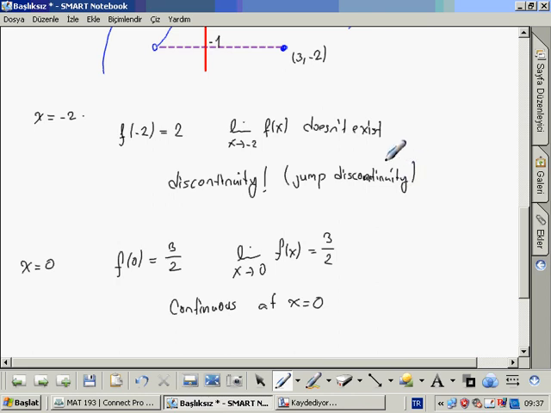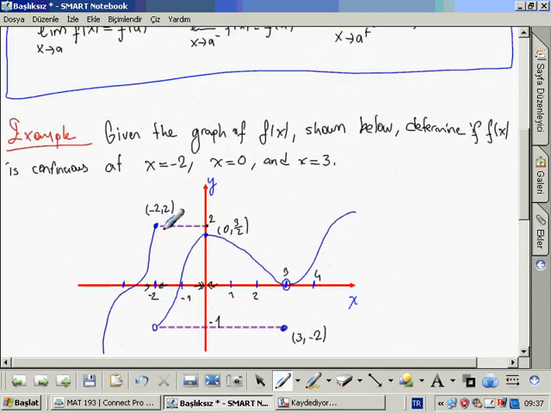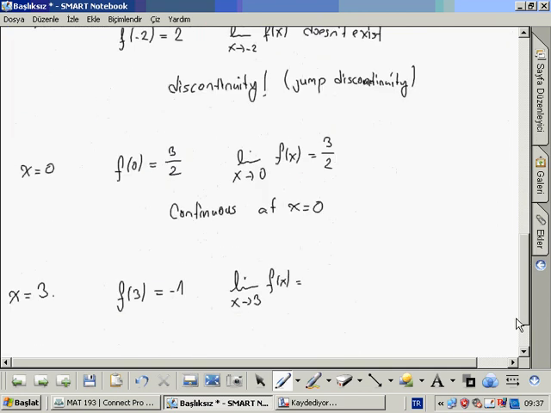The jump discontinuities occur where the graph has a break in it, as the graph does, okay. As you see, here is a jump, okay, from here to here, as you see, jump, okay.